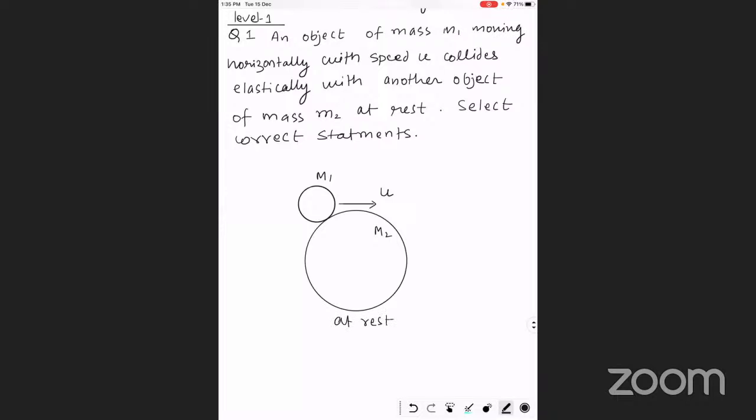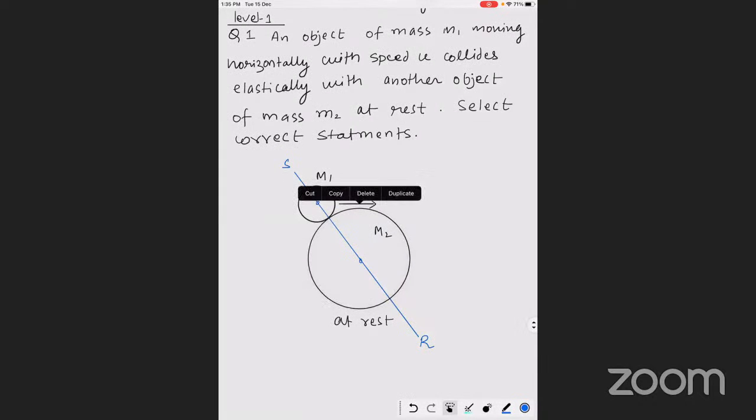Now they made a line here, SR. There is a line SR passing through the center of each sphere. Now perfect. There is another line, PQ.